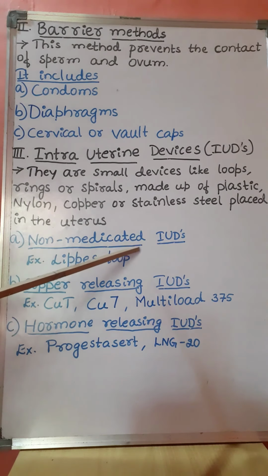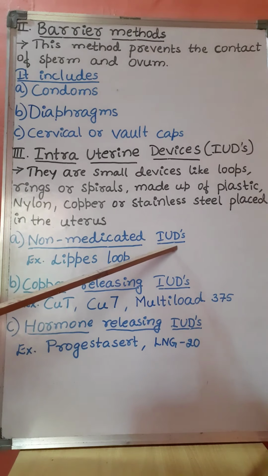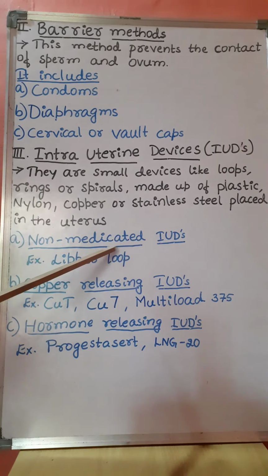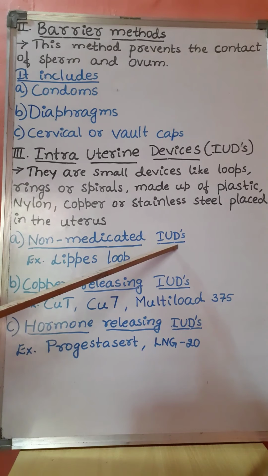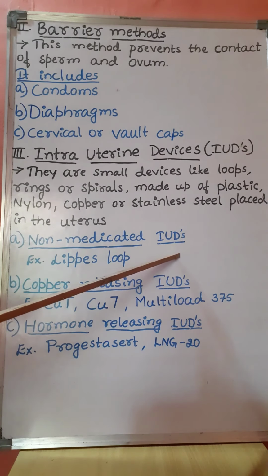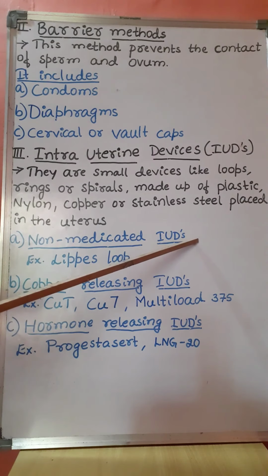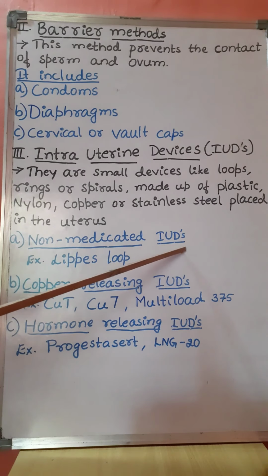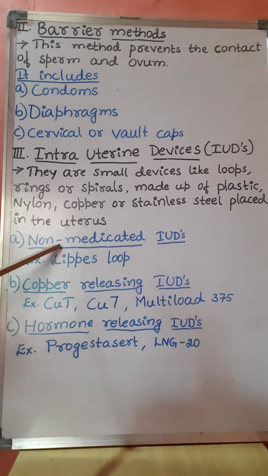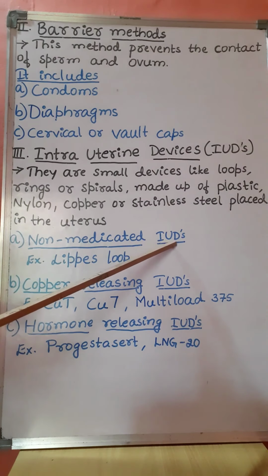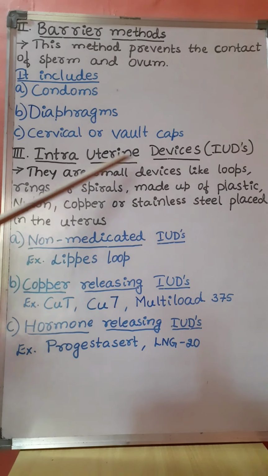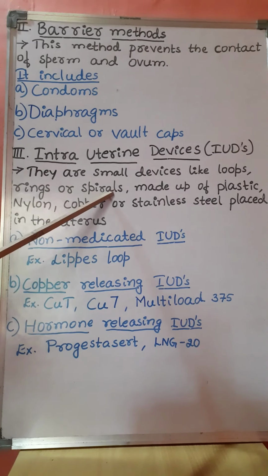Here the sperms reach the uterus of the female reproductive system, where the non-medicated intrauterine devices are present. The sperms reaching the uterus are phagocytized by the non-medicated IUDs, like loops, rings or spirals.